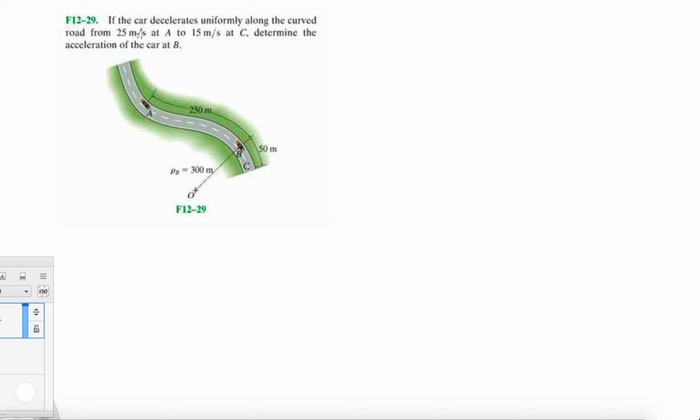So some of the key things that you need to take away from this is they're telling you the car decelerates uniformly along the curved road.